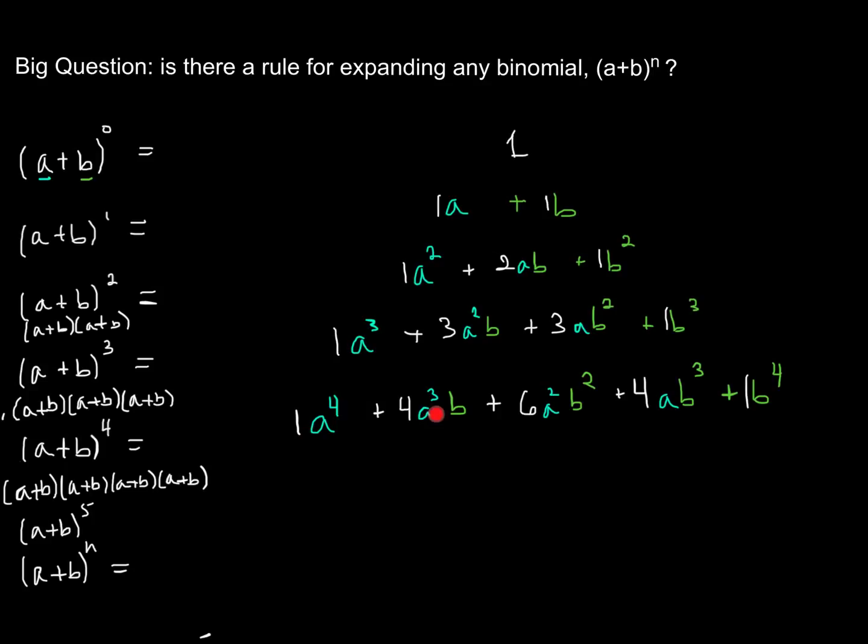Then look at the inside ones and notice how the inside ones relate to the 2 above it. All right, so I've given you a couple of hints. Try and write down the 3 patterns and use them to write out A plus B to the 5th, and then as a final piece, try and write out A plus B to the n.